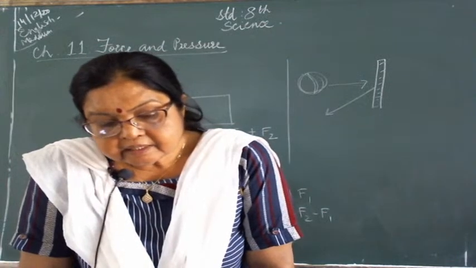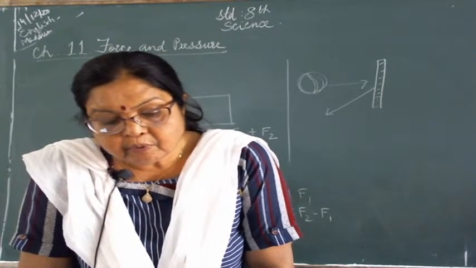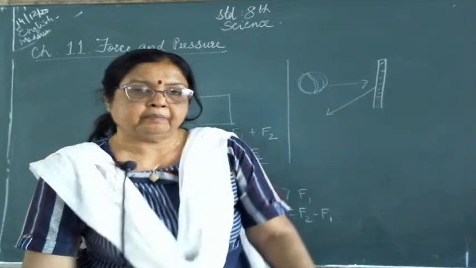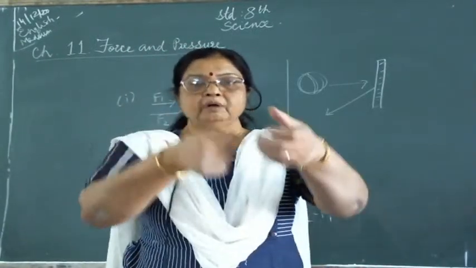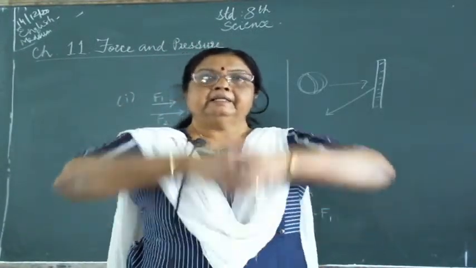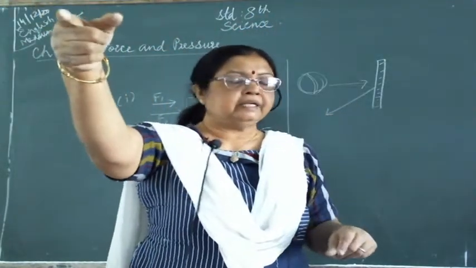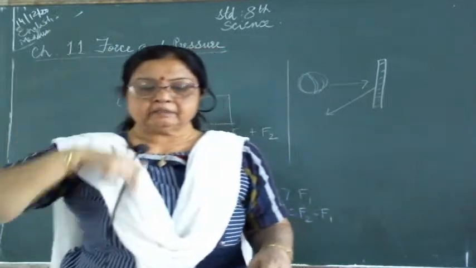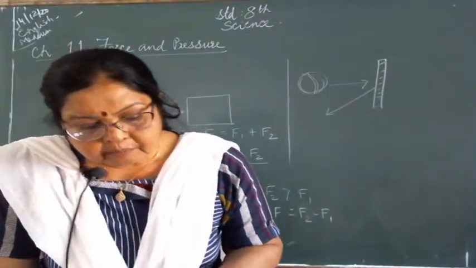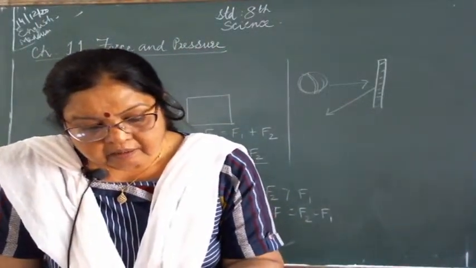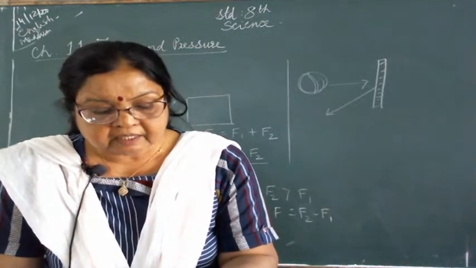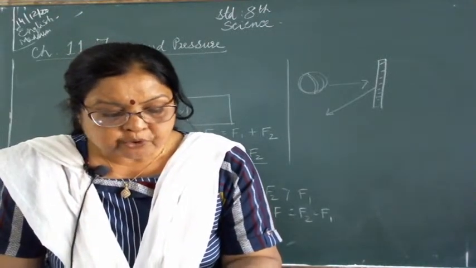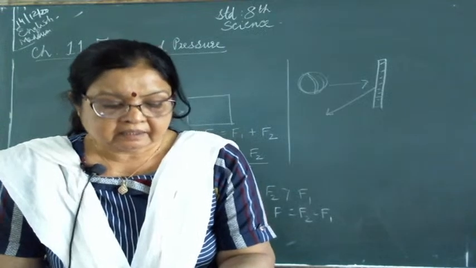Now let us consider some more examples. In a game of volleyball, the player hits the ball with the palm towards the other team. The other team members send the ball again to this side. Thus the ball is returned to the other side of the court by pushing or smashing it, right.